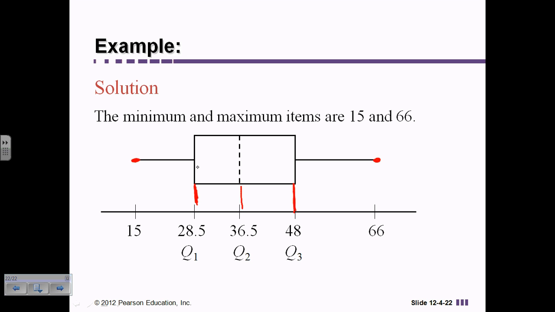The box part of the chart is formed from quartile 1 to quartile 3, with the median marked in the middle with the dotted line, and the lines coming out of the box are the whiskers. This is the minimum value in the list, and this is the maximum value in the list, and that shows us the range of numbers that we have there.